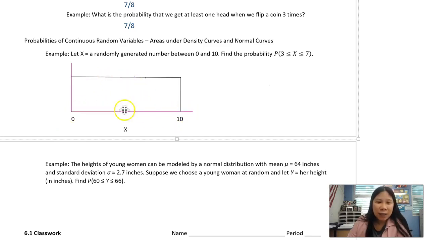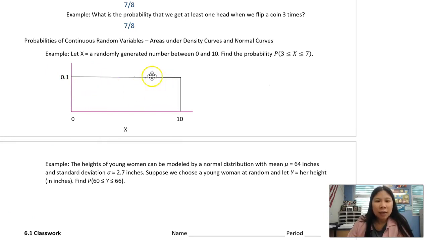So if the length here is from 0 to 10, that would make this a length of 10. What would the height have to be in order for it to multiply to 1? So we can think about it like 10 times what equals 1. So that should give you 1/10 or 0.1. So that's how we would figure out the height of the rectangle.